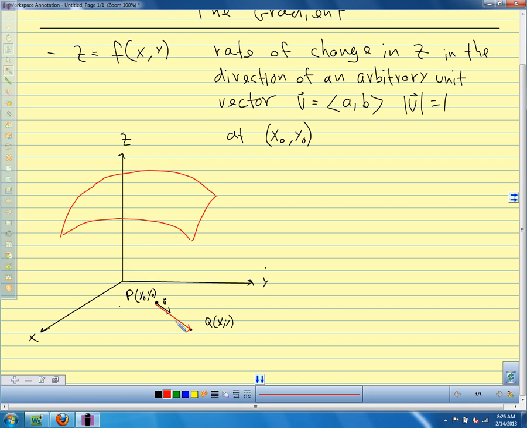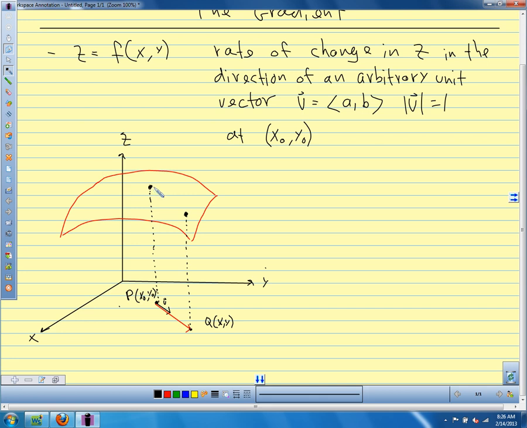So we're interested in the rate of change of the function z as we move along this vector from P to Q in the direction of our unit vector. I'm going to project these points up onto the surface. Here's one point on the surface, and here's this point up on the surface.